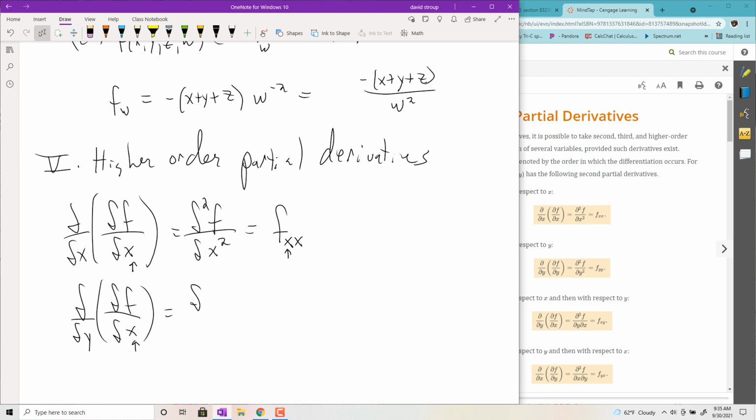But then when you go to your other notation, you will have to write it f_xy, you did x first, and then y. So the one you did first is on the left.